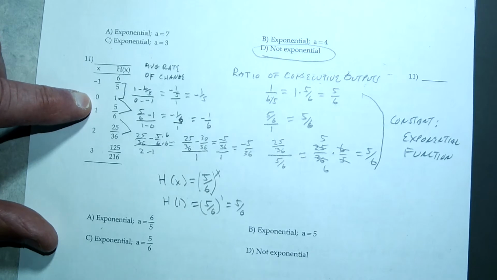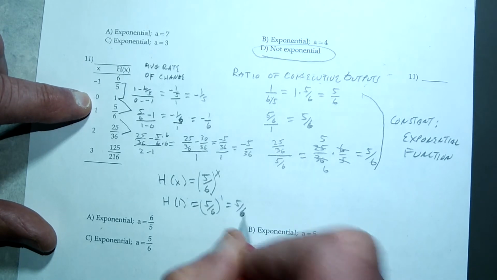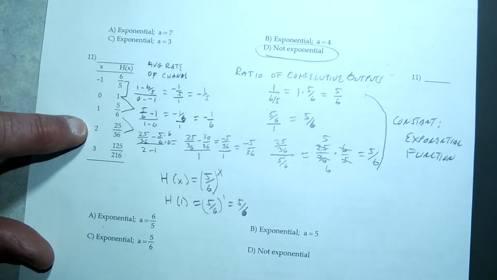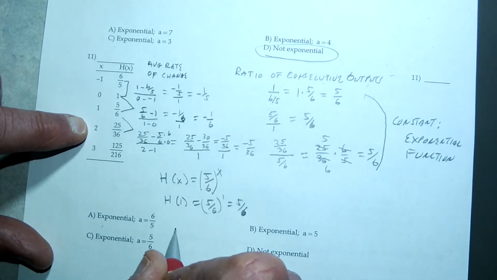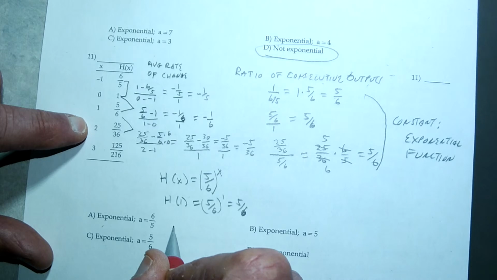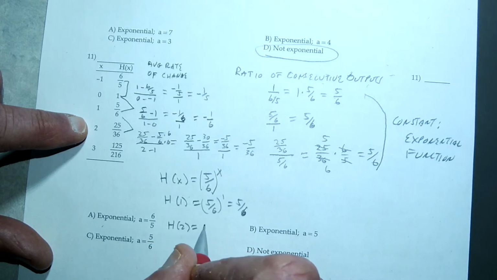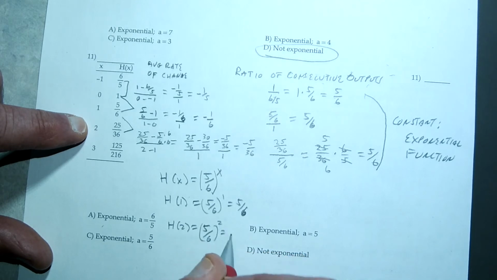But let's test it on some other values. Let's see if we're right. Okay, let's try putting 2 in there, for example. So what would h of 2 look like if h of x was 5/6 raised to the x power? H of 2 would be 5/6 raised to the second power, and that does turn out to be 5 squared, 25, over 6 squared, 36.